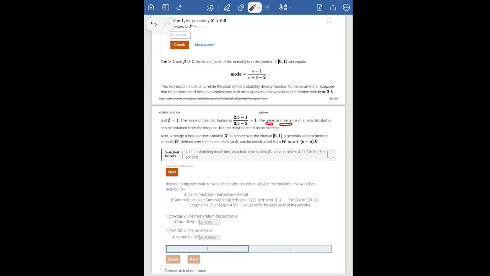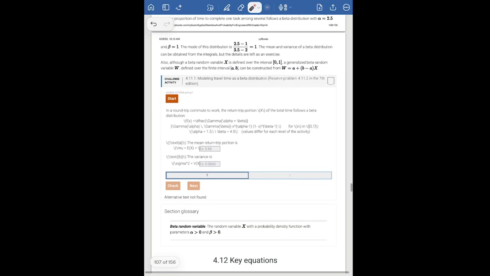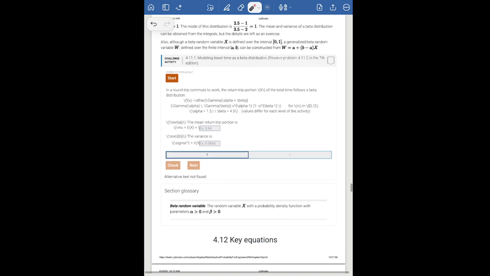The mean and variance can be obtained from the integrals, but you use that as an exercise. Okay, so we again have this beta random variable that's defined over that interval; a generalized beta random variable W defined over this interval can be constructed from this. Here's some more examples.